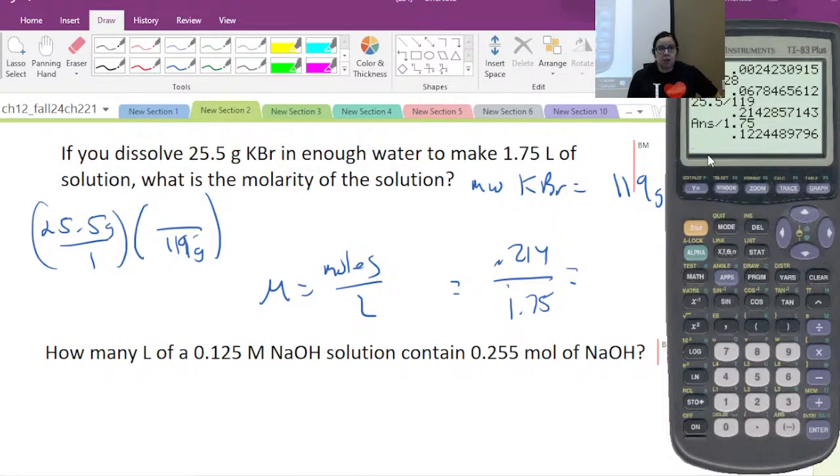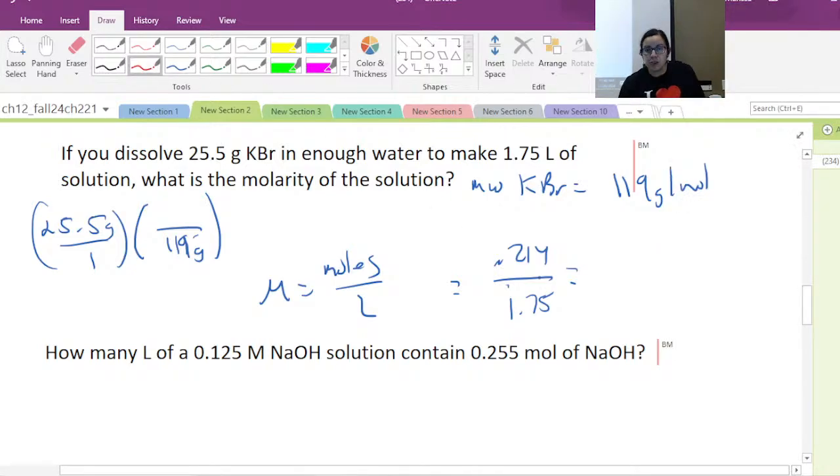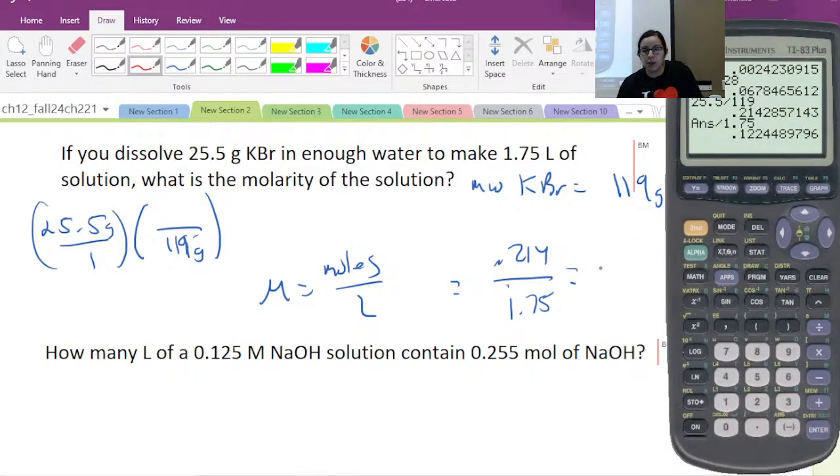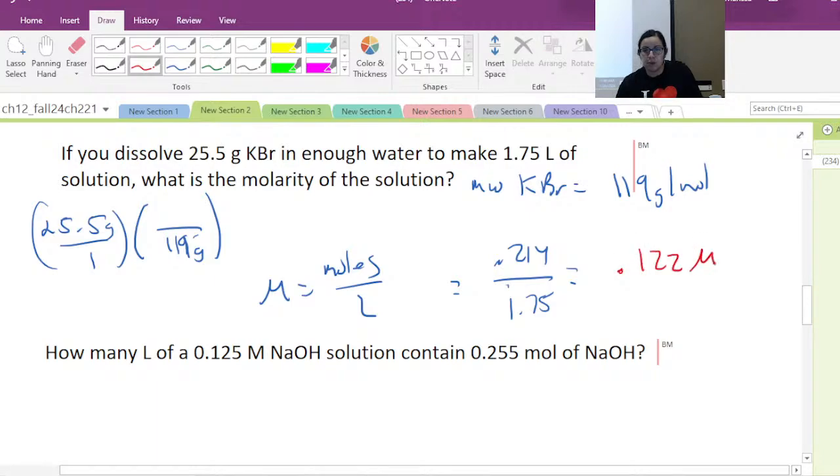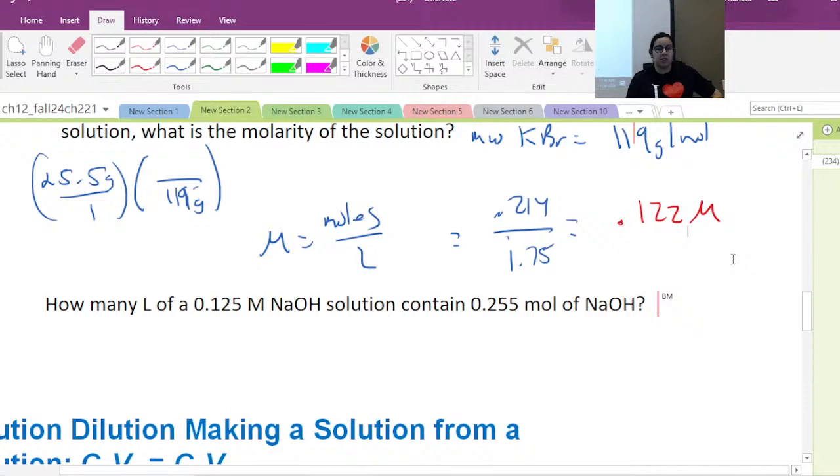And what do we get for our molarity? So 0.12, so thumbs up for that one. And make sure you give it 3 sig figs for our numbers, so 0.122 molarity.